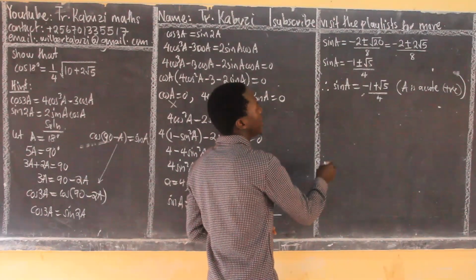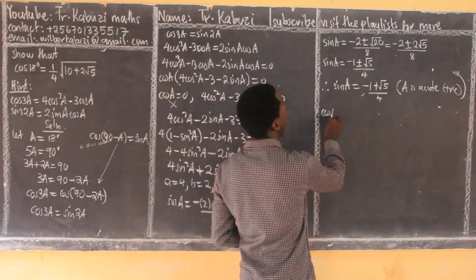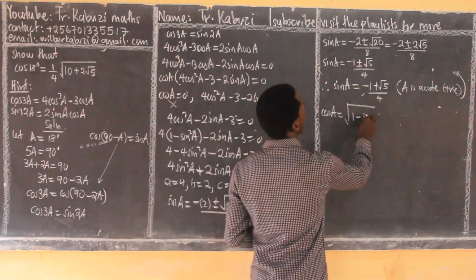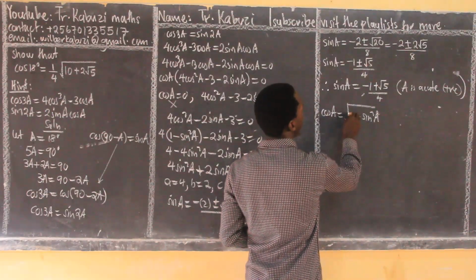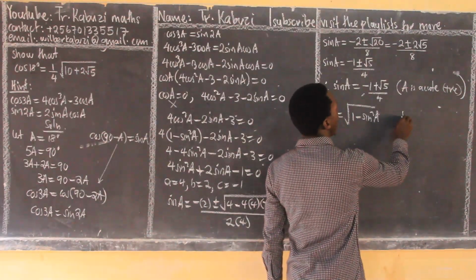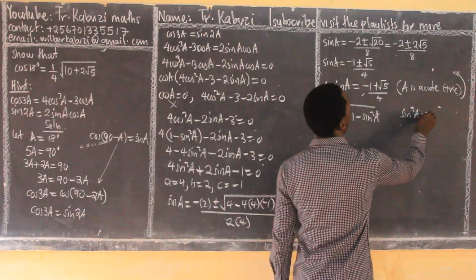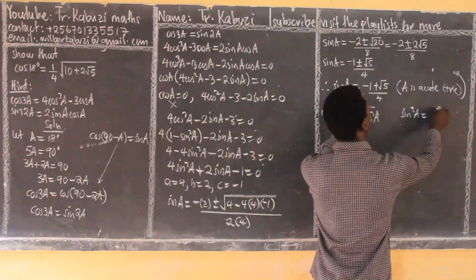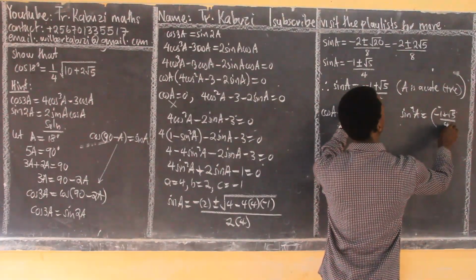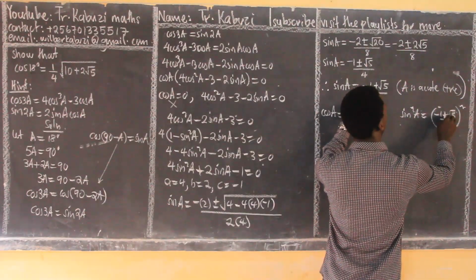Okay, from there, now my interest was to get cos of 18, which is cos A. We know that our cos A is going to be the square root of 1 minus sine squared A from the first identity. Meaning I need sine squared A. So if I square sine A, I'm going to have minus 1 plus root 5, the whole squared.